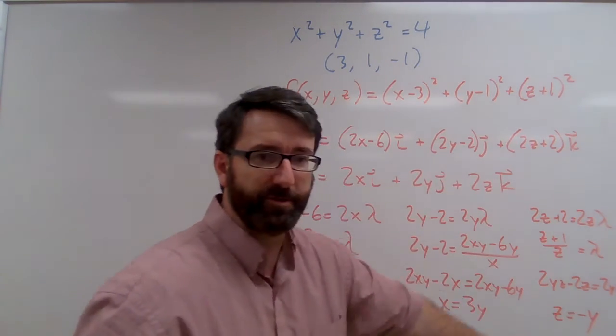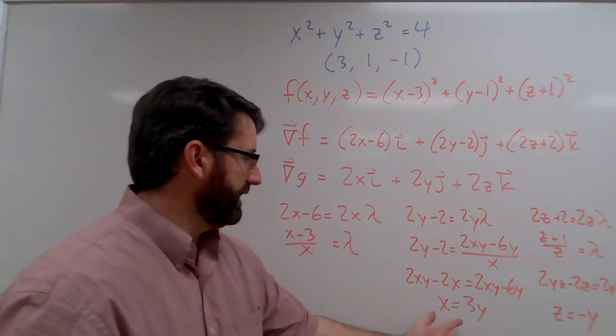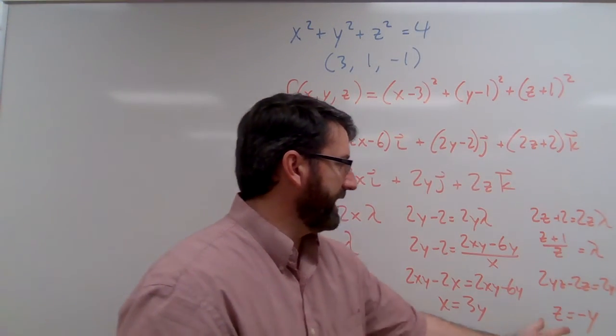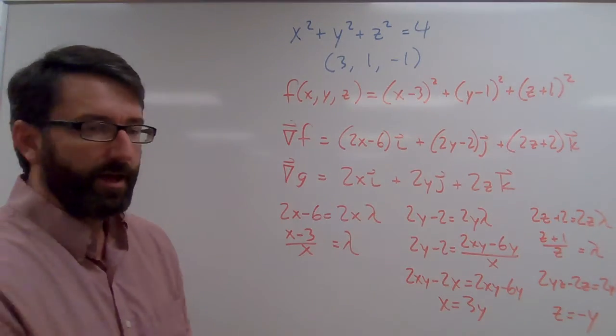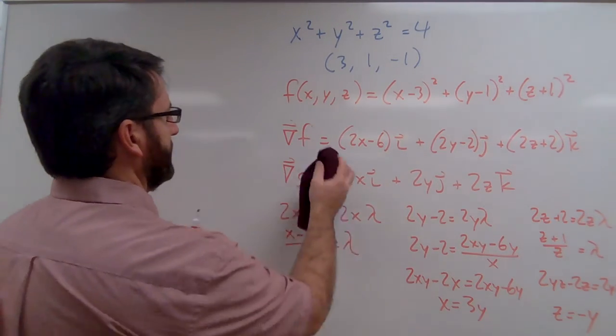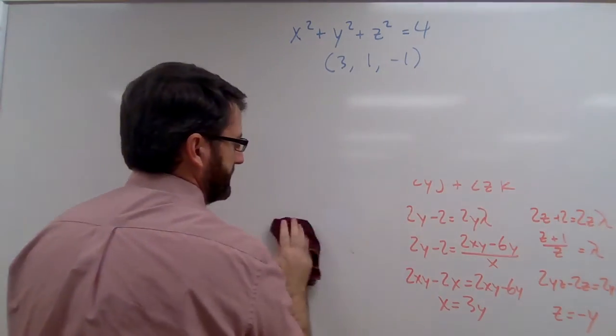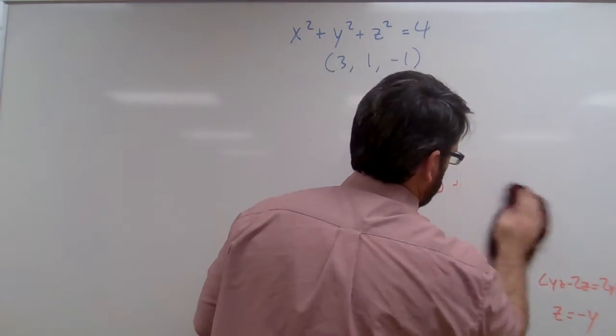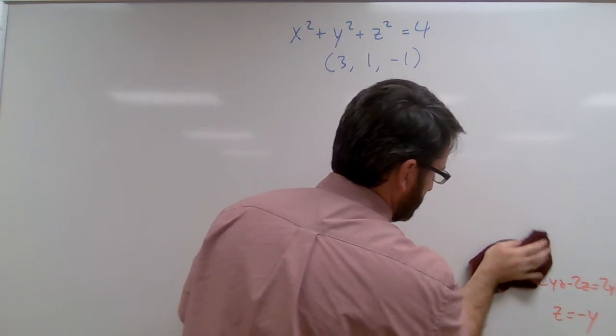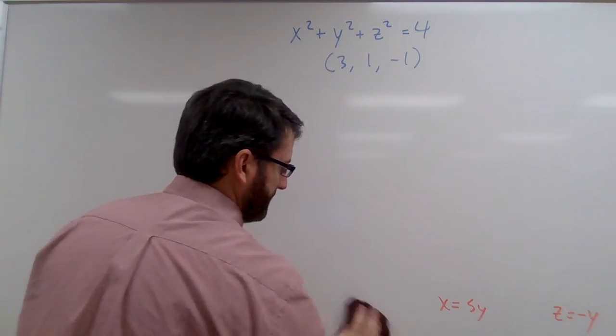So now these two equations, x equals 3y and z equals negative y, are going to be the important points that we need to solve the rest of this. So let's erase everything but those. We found this information that we need.